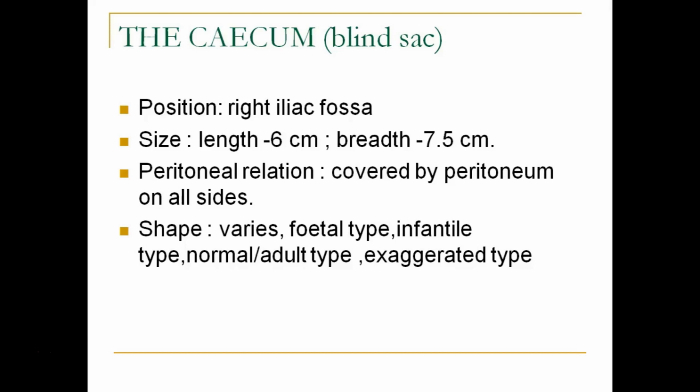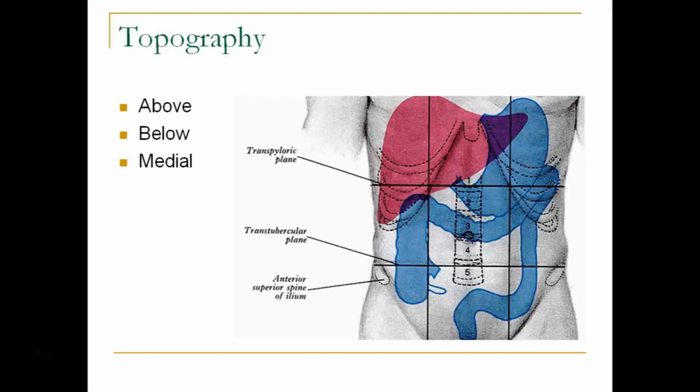It is covered all over by peritoneum except a small part in the upper area of the posterior surface. Talking about the shape, there are four types: fetal type, infantile type, normal type and exaggerated type, which you can understand from the diagrammatic representation I showed before.